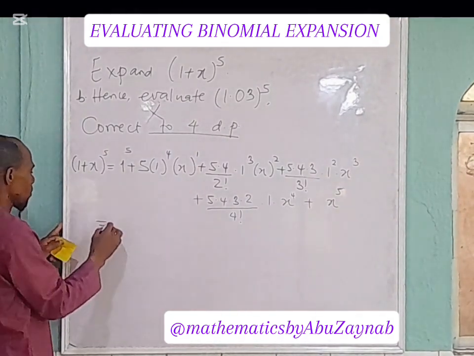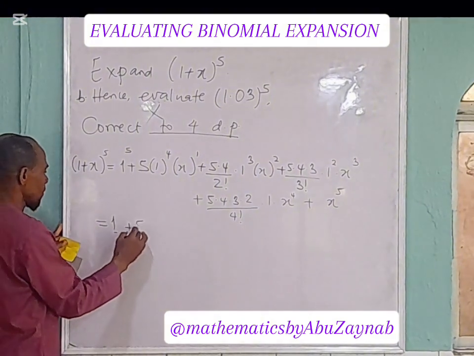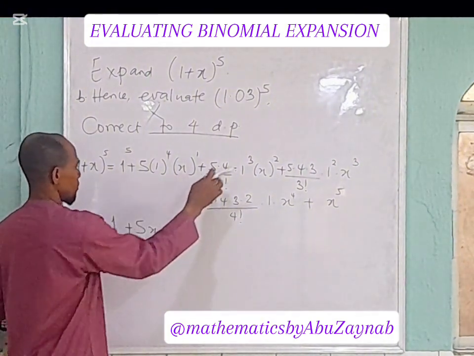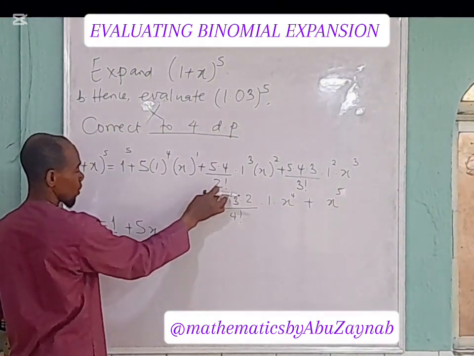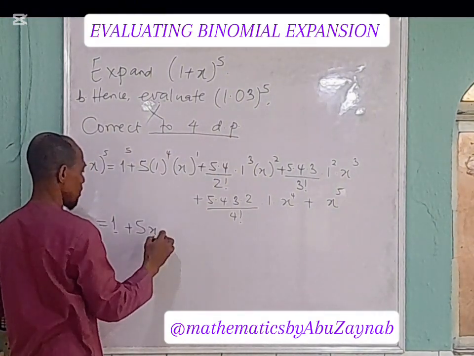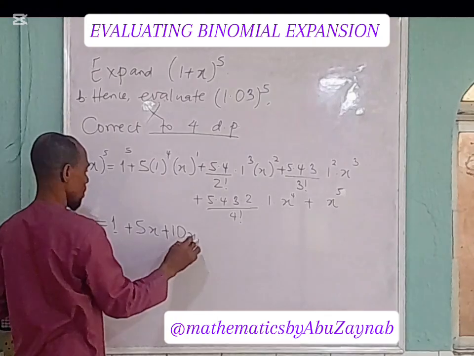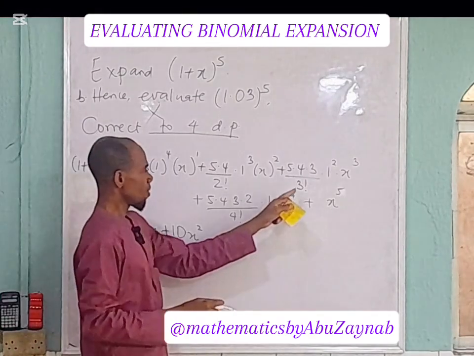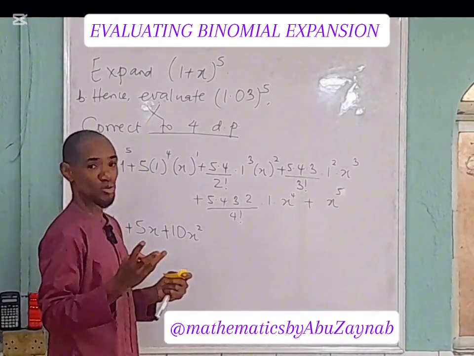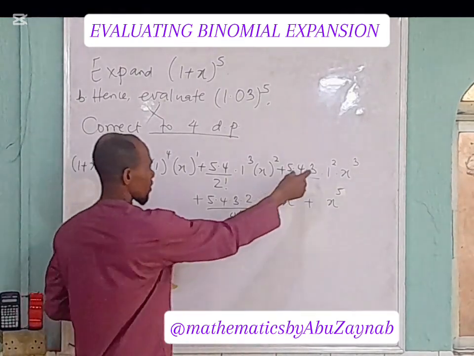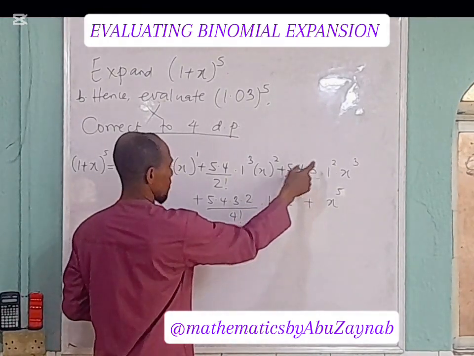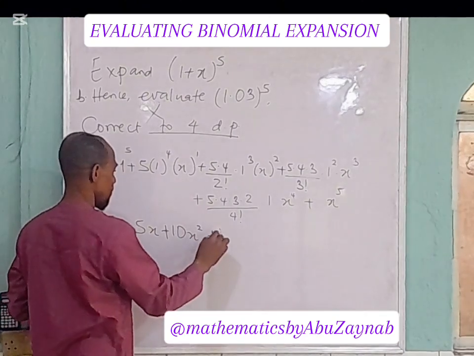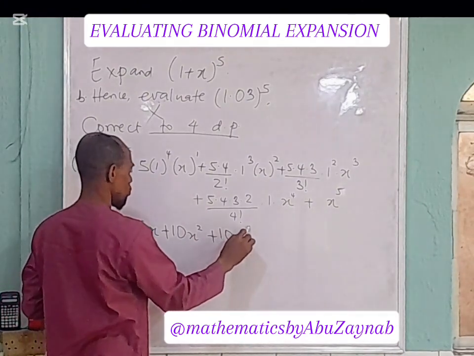So here we have 1 plus 5x. Then 5 times 4 is 20, and 2 factorial is 2, so 2 into 20 is 10. I've got 10 x squared. 3 factorial means 3 times 2 times 1, which is 6, so 6 into 60 gives 10. That's 10 x cubed.